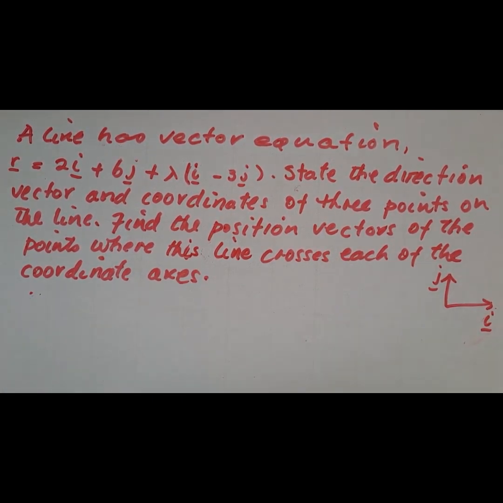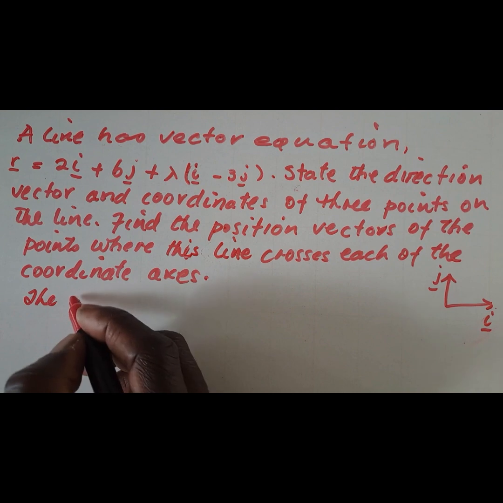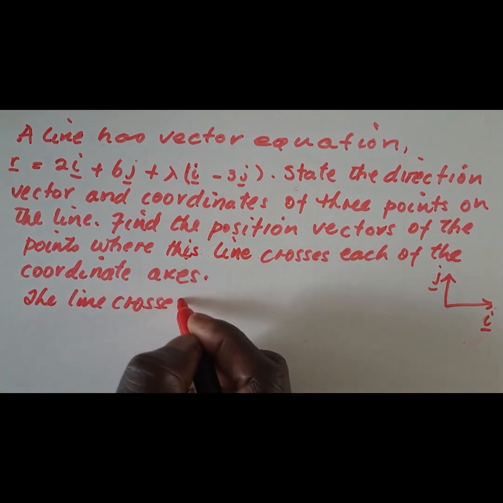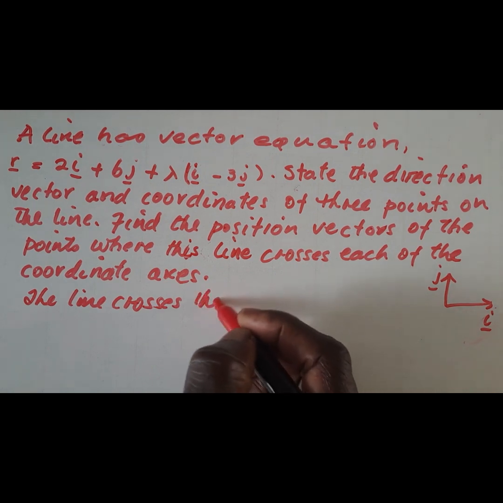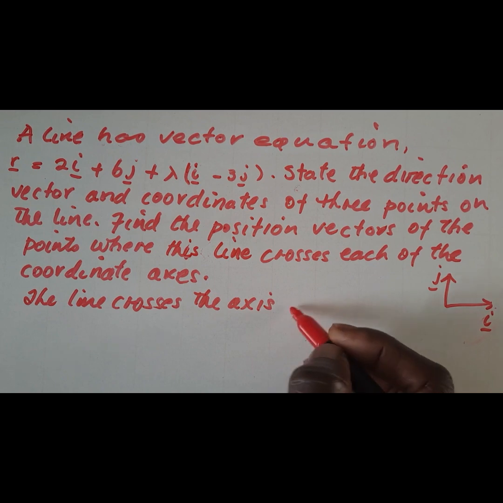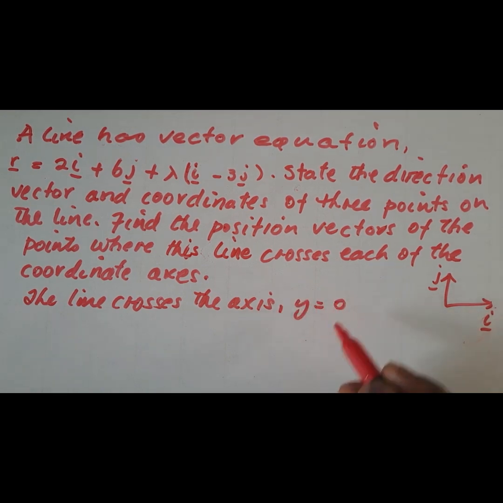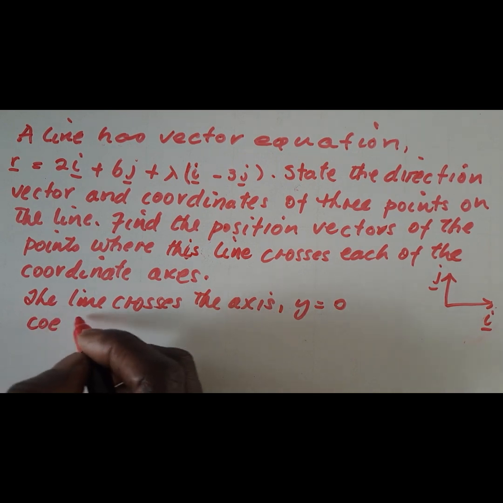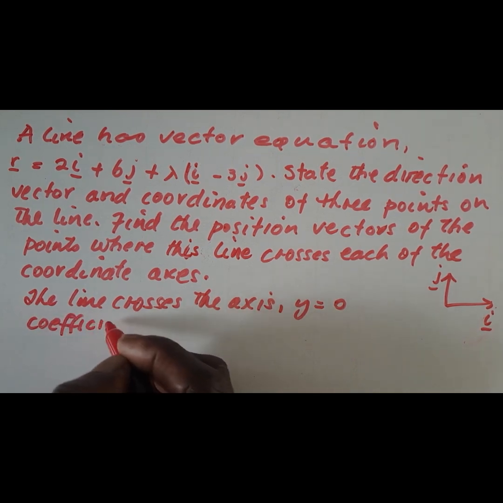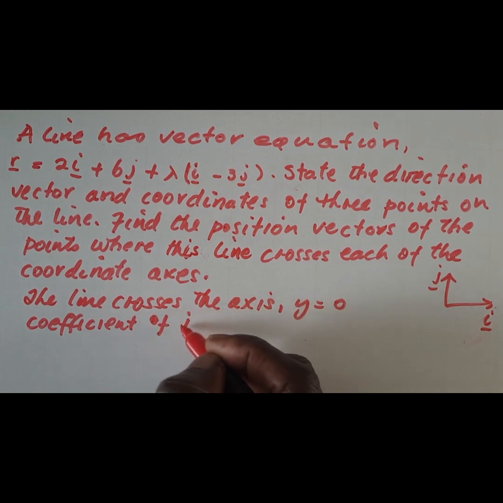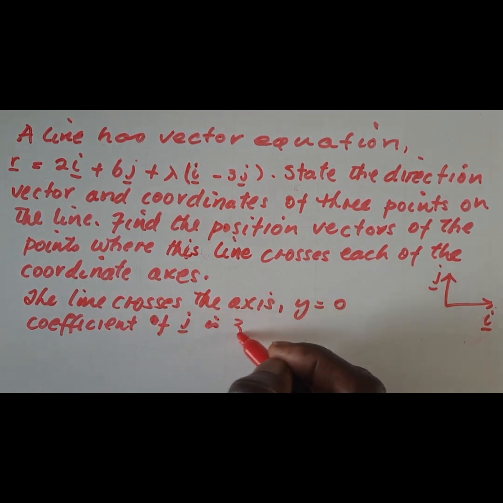Right, so the line crosses the x-axis, and that's when y is equal to 0. And that implies that the coefficient of j is 0.